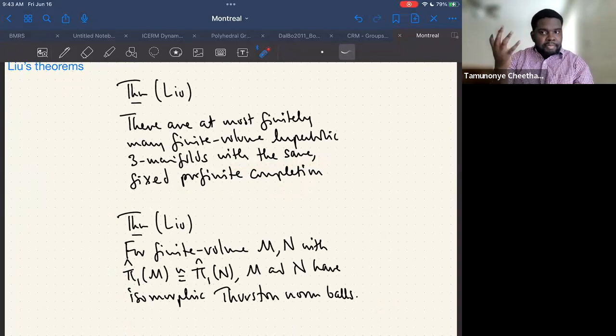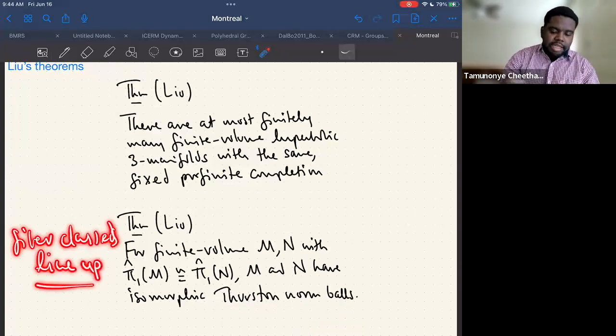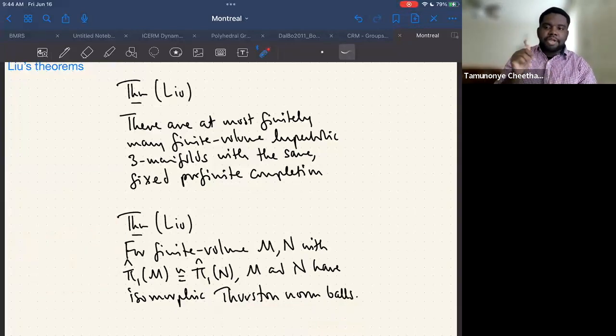But very remarkably, apart from the fact that the Thurston norm balls are the same and the fiber classes are lined up, in the closed case, your corresponding pseudo-Anosov monodromies will have the same stretch factor.